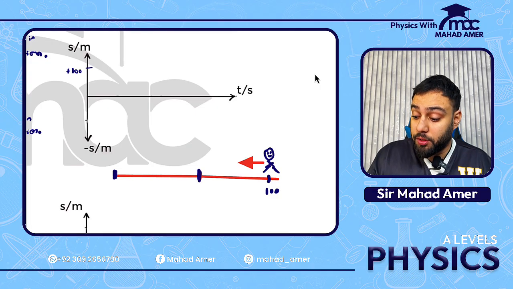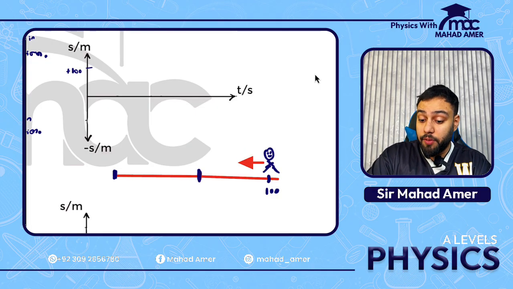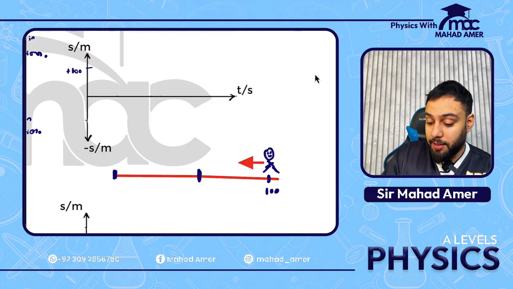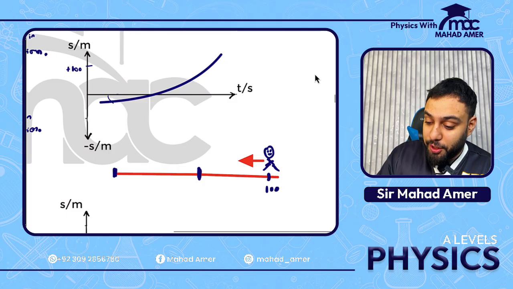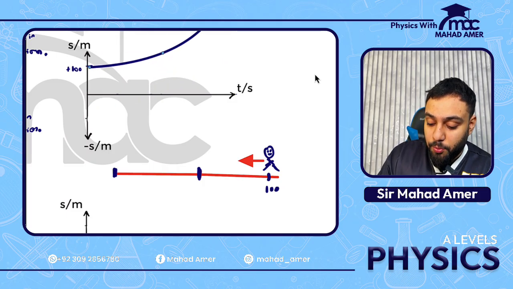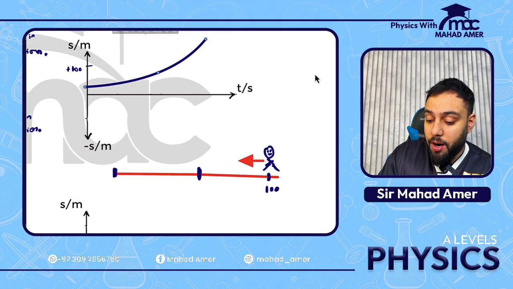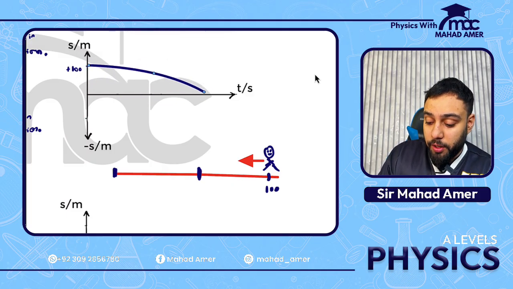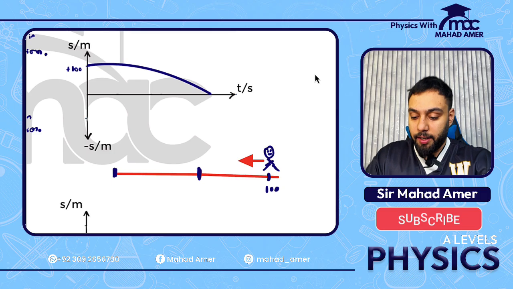And since I'm going to the left, my velocity is going to be negative. So my graph is going to look somewhat like this. Guys, this is going to be very interesting. If you understand what I'm doing right now, that means you are good in physics. If you're actually getting my point, there's nothing that is going to stop you from getting an A.